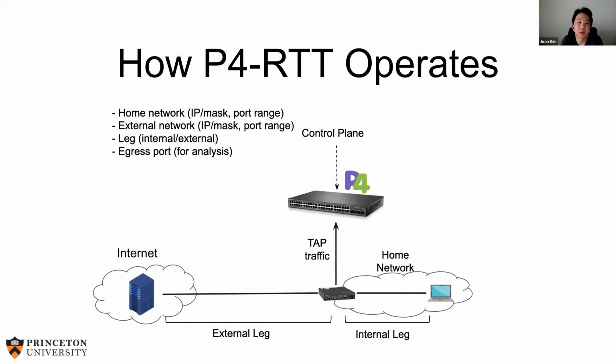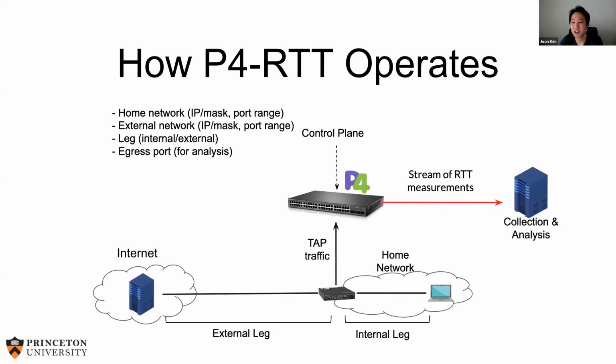The external network is this, in case you want to focus on a specific application on the internet. You can also specify which leg you want to look into, and the egress port means where you're going to send that stream of RTT samples. The output of this program is a stream of RTT measurements going to a collection and analysis server. So that's how P4-RTT works in a nutshell.